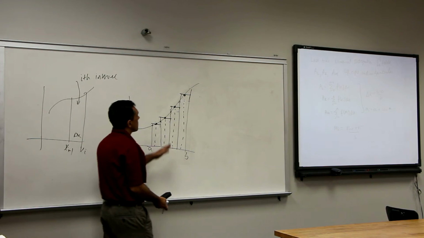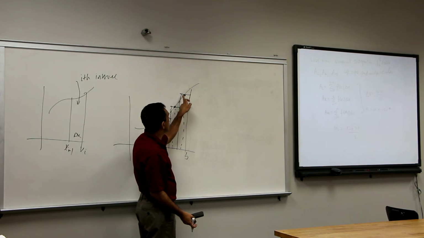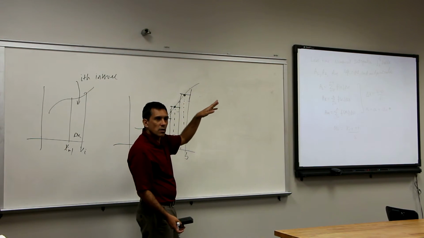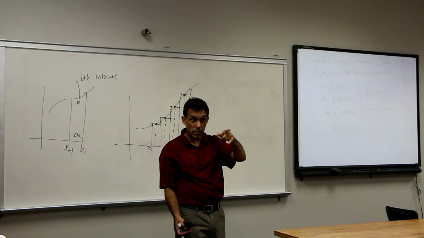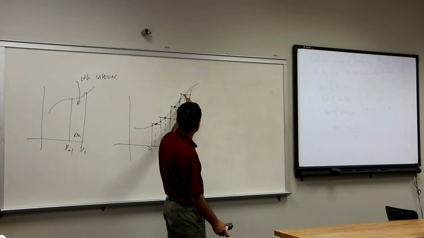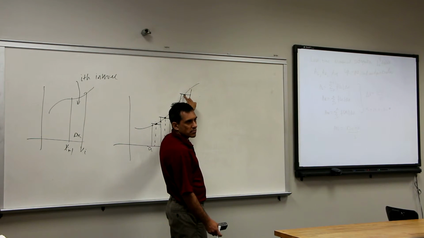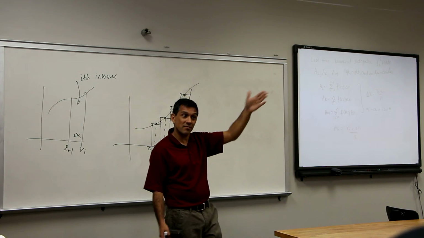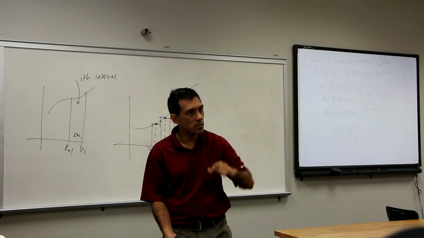And here you have overshoot, and here you're undershoot. So it will kind of compensate. But you still won't be exact. As you can see, you're really overshooting here. You're really undershooting here. But not quite as bad as the left rule or the right rule.